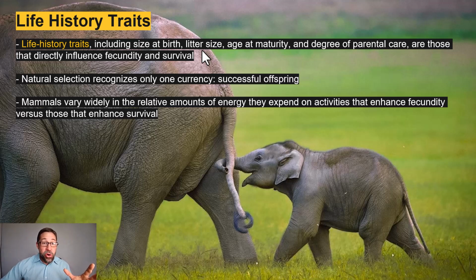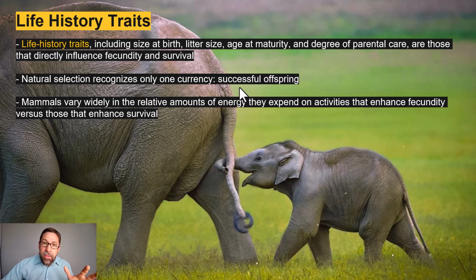And as you know, natural selection is blind. It recognizes only one currency, and that is successful offspring. All that matters in evolutionary fitness is how many of your offspring reproduce themselves. How many of your young are going to pass along your genes.